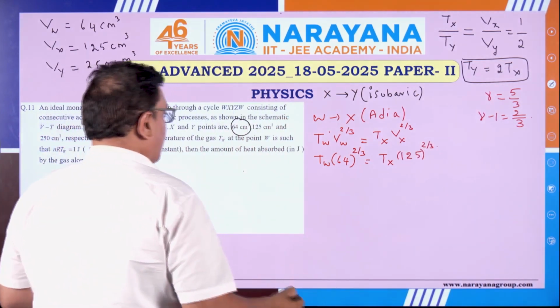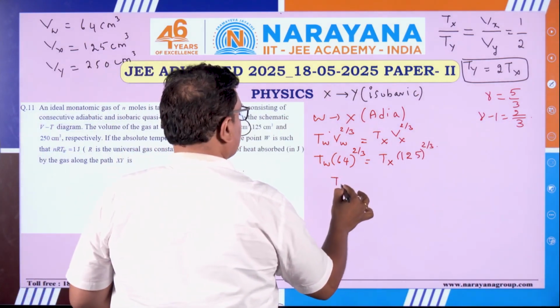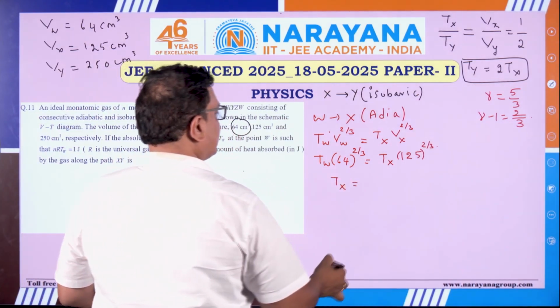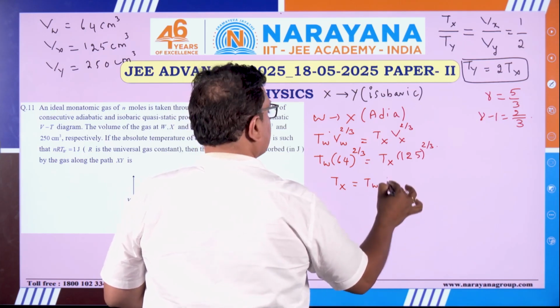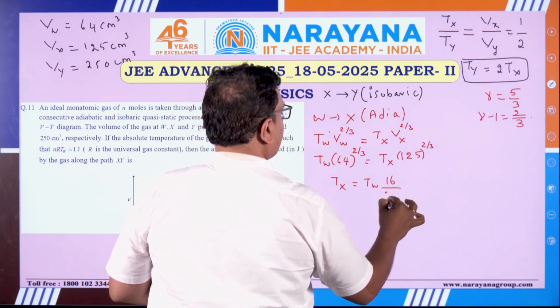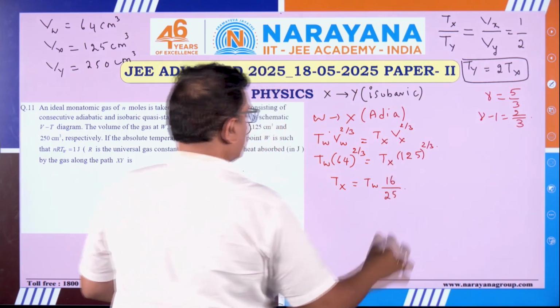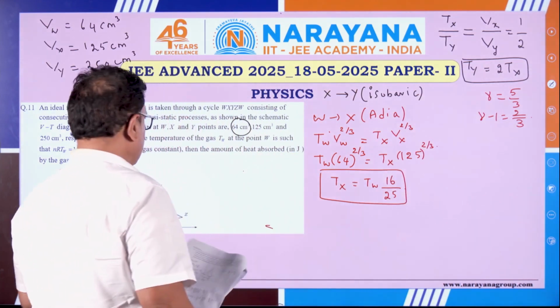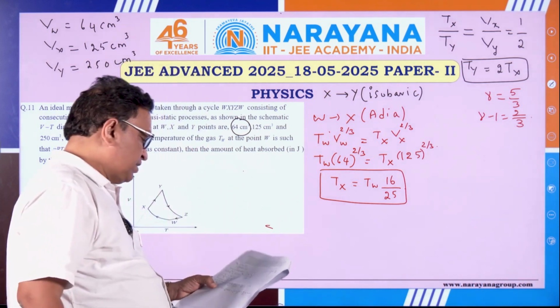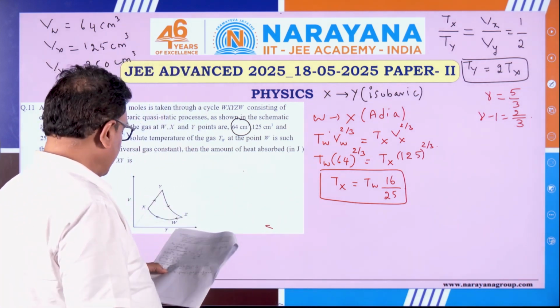After proper calculations, you will arrive at Tx as Tw times 16 by 25. Remember, this is also one relation which I might use at a later stage.